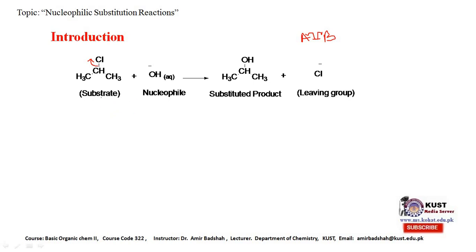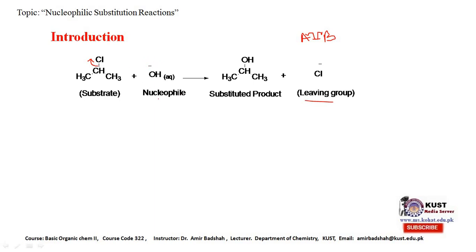In this reaction, this alkyl halide is a substrate at which a nucleophile can attack. This group leaves along with its electrons, so it is called a leaving group, and the OH group, which is electron rich and has a negative charge, can attack this carbon.